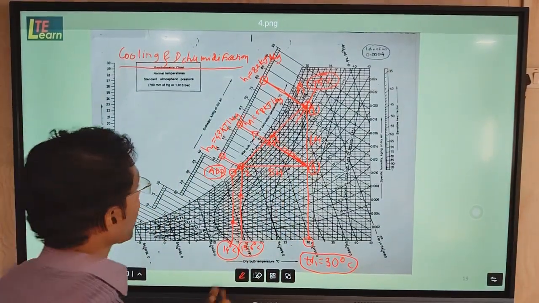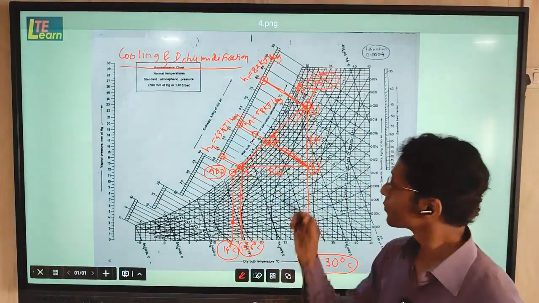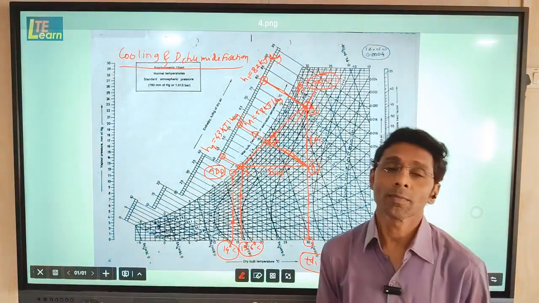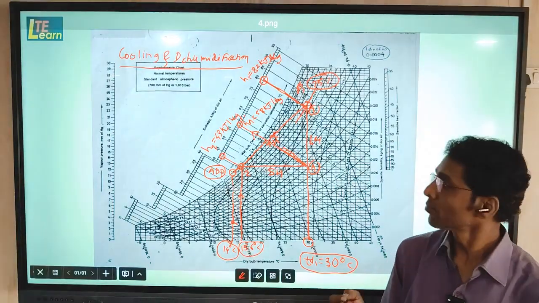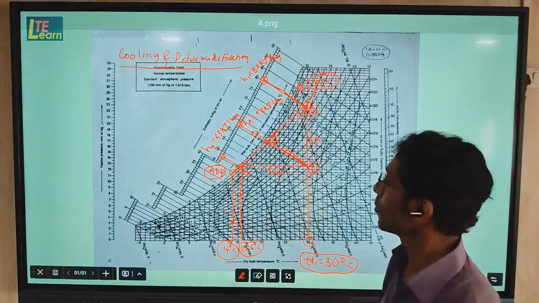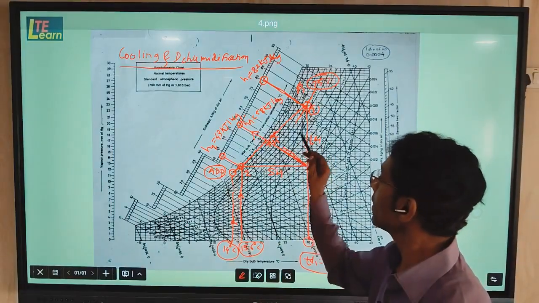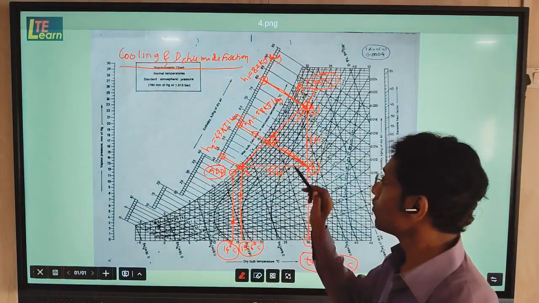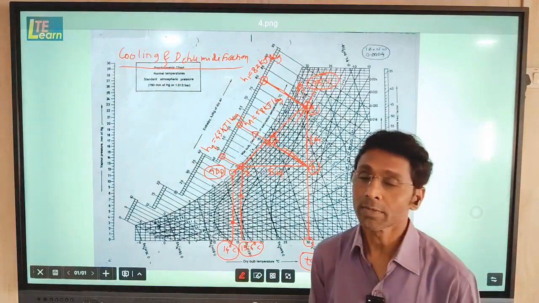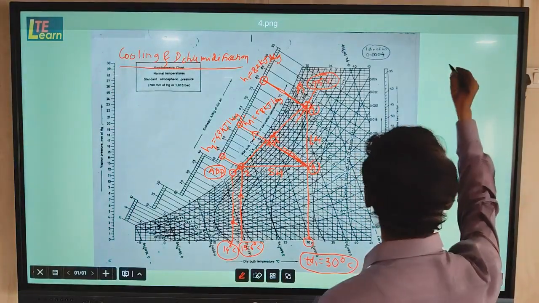Now to find the cooling capacity of the coil, what is the formula? Mass of air supplied, m dot A, multiplied by enthalpy difference. So the formula will be m dot A into H1 minus H2. Now mass flow rate we have to find, but in this numerical, what is given?